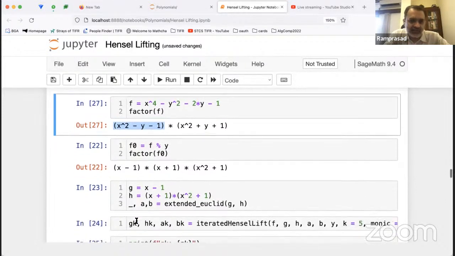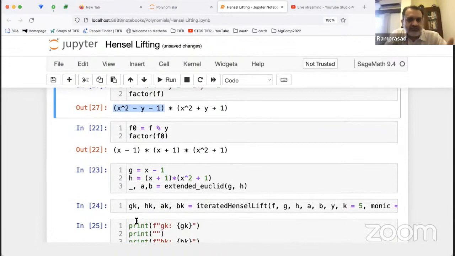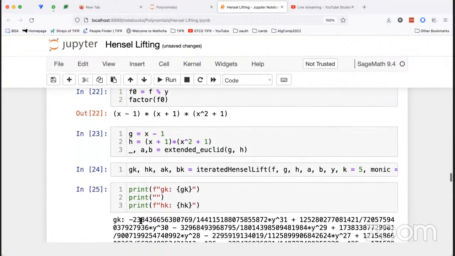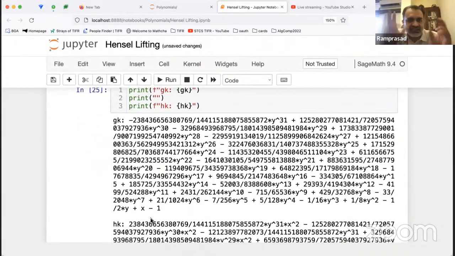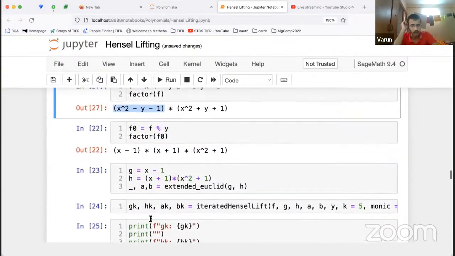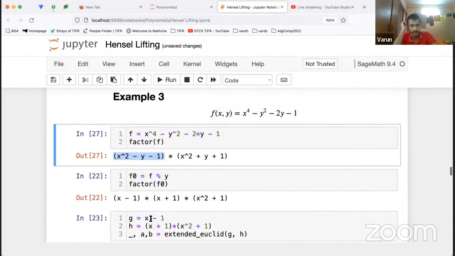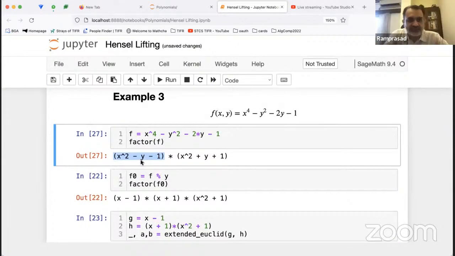Okay. And then we ended up lifting. That's the reason why you're getting garbage, because g is not really a proper factor of f. So this x squared minus y minus 1, is that irreducible? Yes, this is irreducible, but unfortunately, when I go mod y, it becomes reducible.